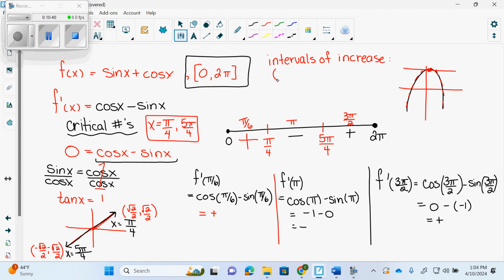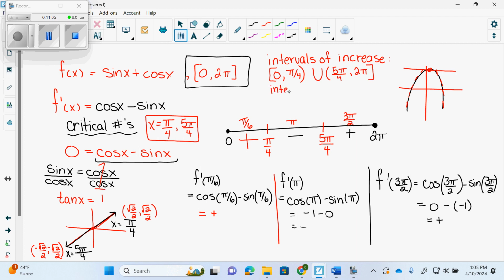It's square, because it's equal to 0, right? That's why I have a closed dot on the end here. So the intervals of increase are actually 0 to pi over 4 round bracket, union 5 pi over 4 to 2 pi square bracket.